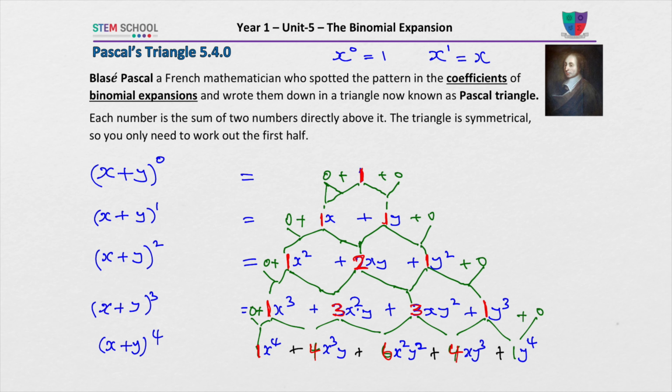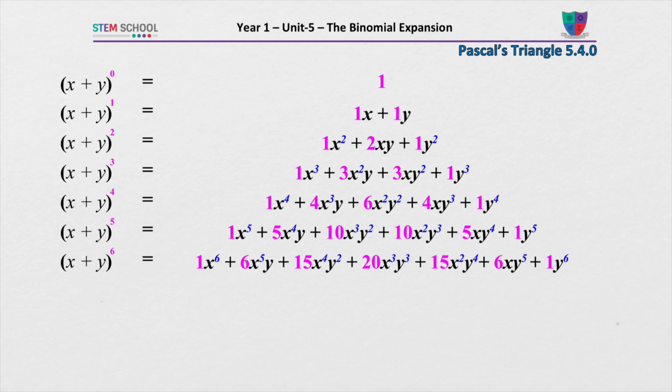He was able to spot the pattern of the coefficients as they form. So here is a more orderly fashion of the binomial expansion, because it's two terms, bi-nomial. Let's go through that again. Don't forget there is obviously 0 here. 0 plus 1 is 1, 1 plus 0 is 1. Then 1 plus 1 is 2, and 1 again. Then 1, 2 plus 1 is 3, 2 plus 1 is 3, and 1 again.